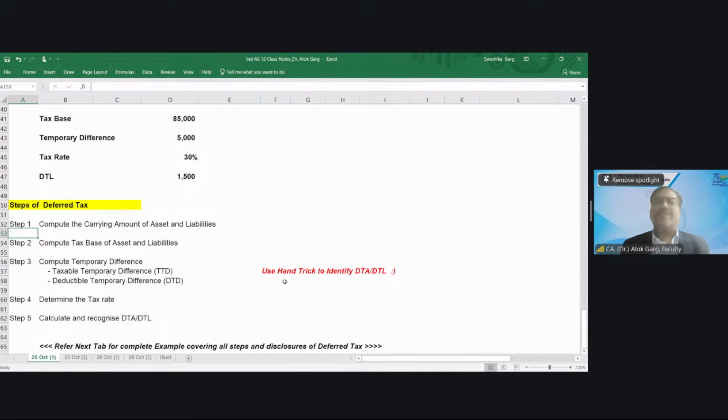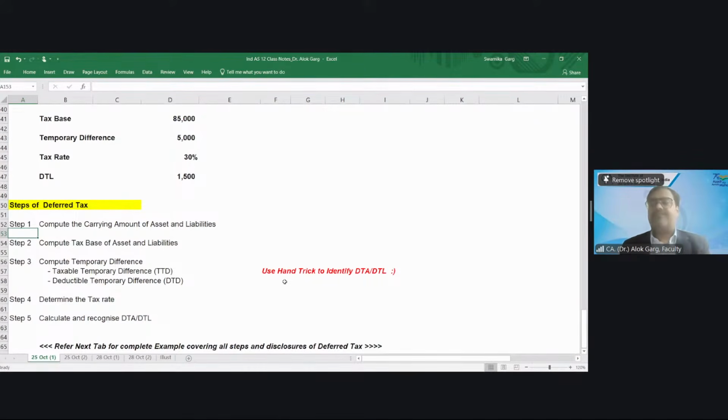So the moral of the story here is, don't answer what you always look at. In your examination, your Ind AS 12 question may not be straightforward. For example, a question which includes your Ind AS 16 application, PP&E application, Ind AS 36 impairment of asset application, and there the question will also test you on the applicability of Ind AS 12.